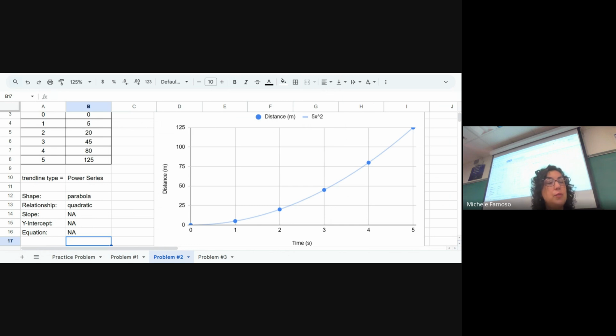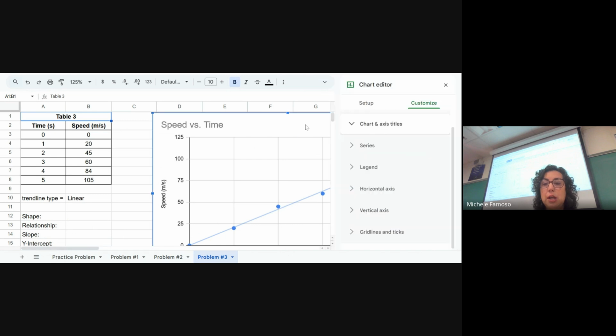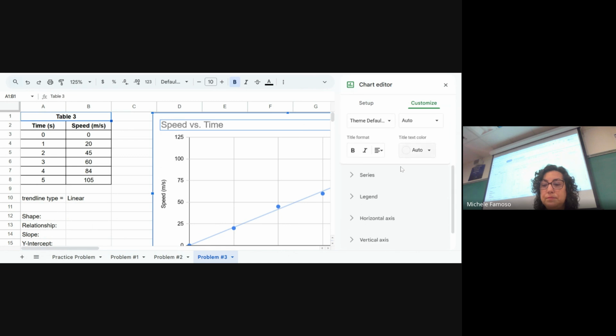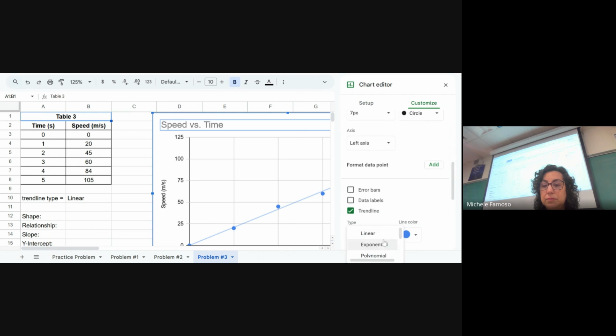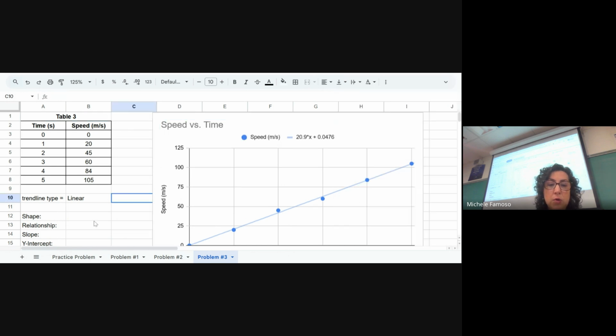Can we move on to problem 3? All right, let's look at problem 3. Double click on your graph, add the equation. Okay.